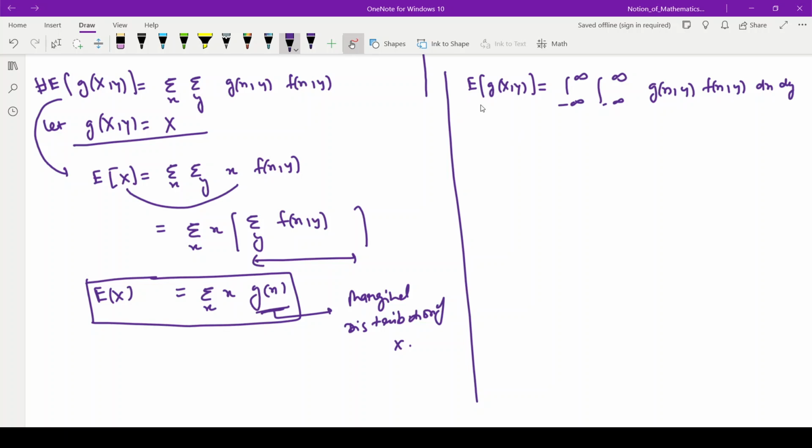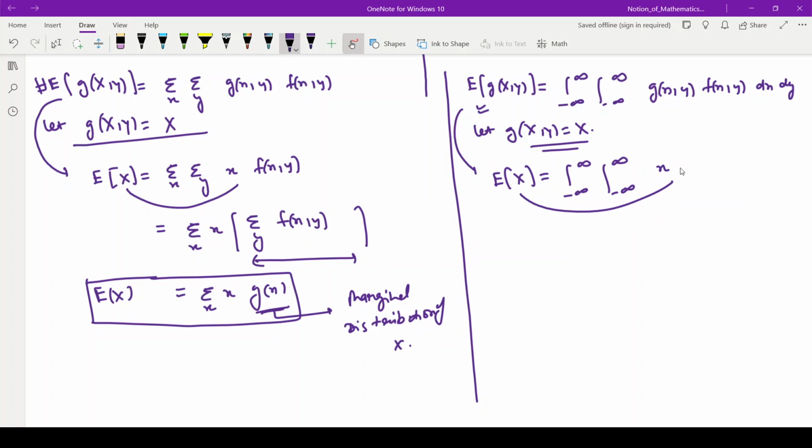And for the continuous approach, again I am considering g(x,y) to be capital X. How will it be incorporated? Expectation of X is minus infinity to infinity, minus infinity to infinity, of small x into f(x,y) dx dy.